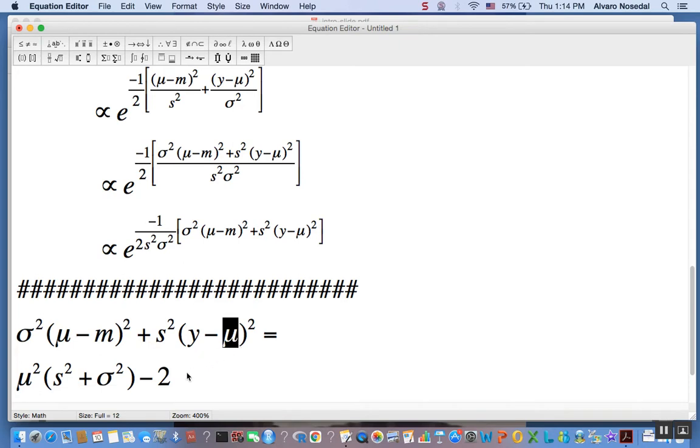So after you expand, you're going to have something like this, and as we said, you're going to have a sigma squared m for the first one, and then you're going to have an s squared times y for the second one, right?